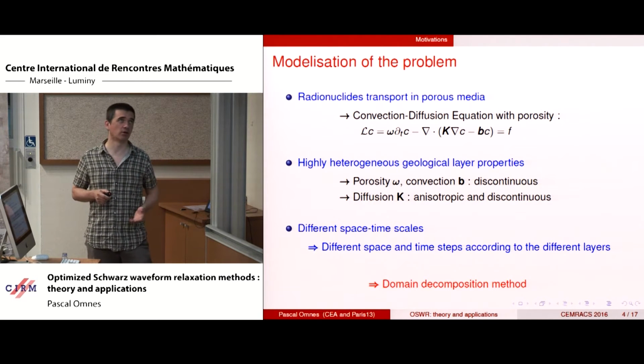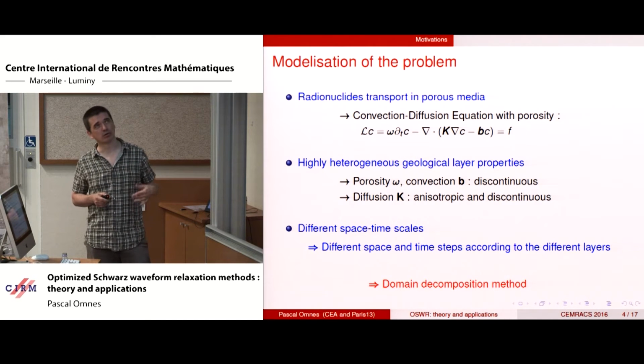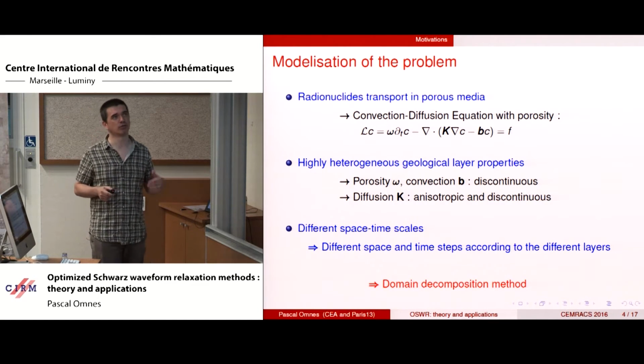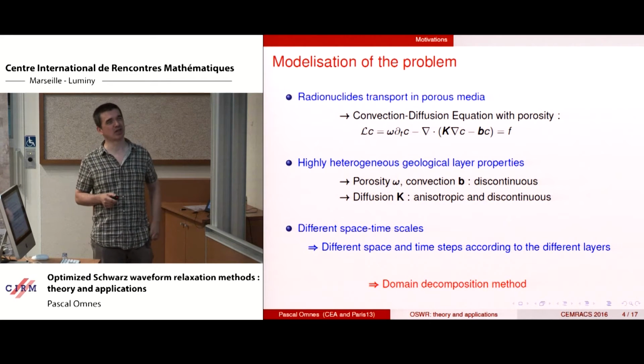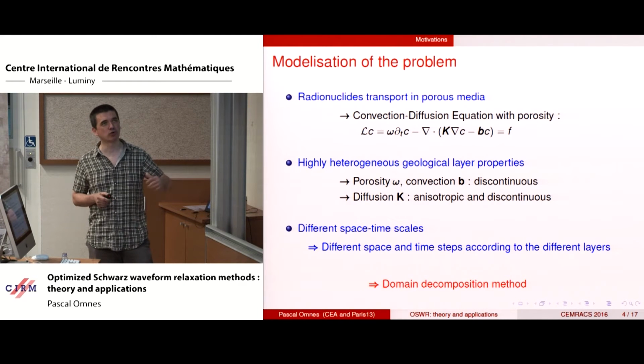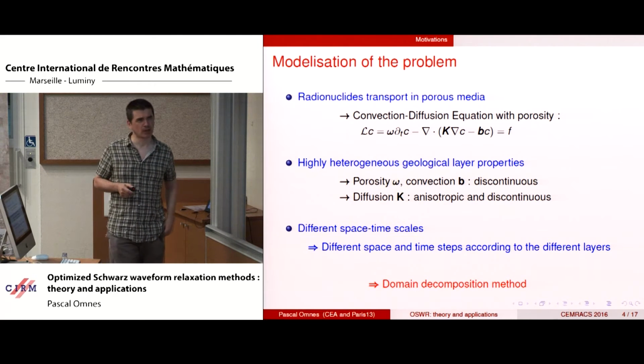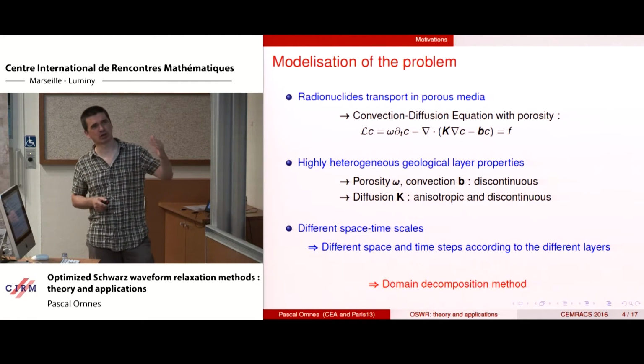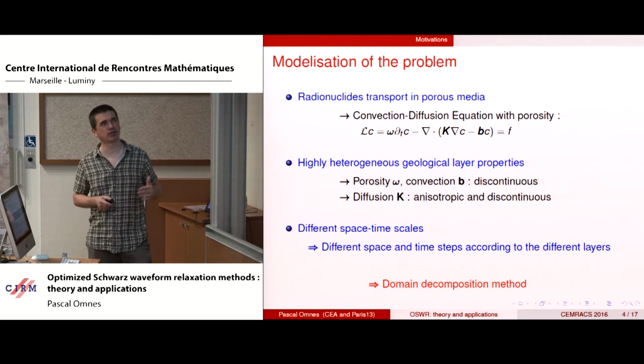If a medium is less diffusive than another, the typical timescales are higher than when it's more diffusive. And so what we would like to do eventually is to have different layers discretized with different mesh scales and with different time steps.